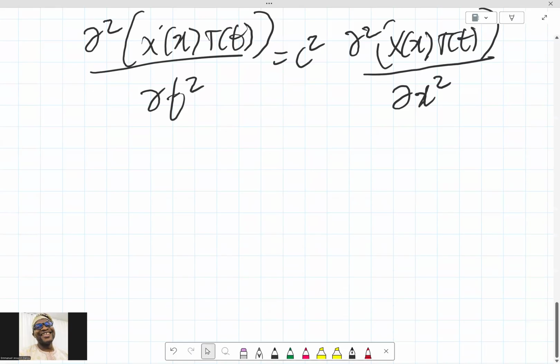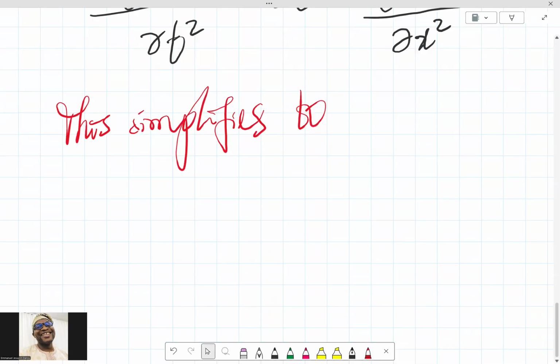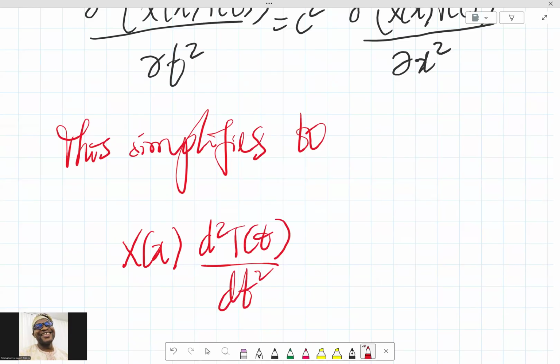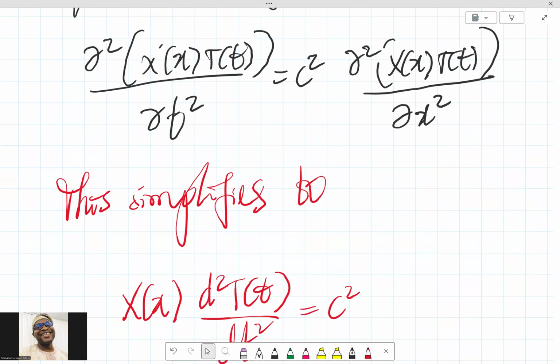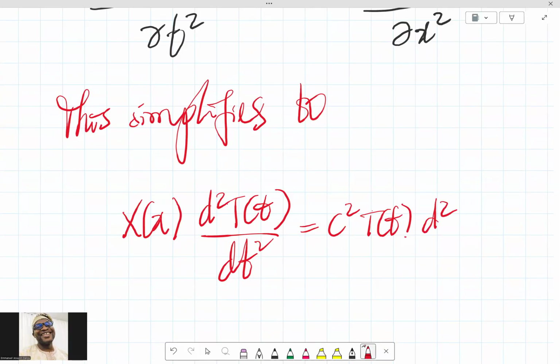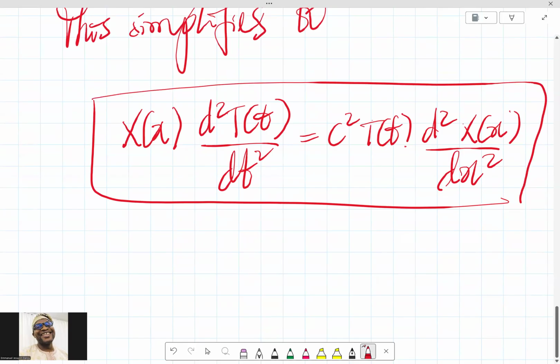That's what the equation gives. This simplifies to: here the focus is on t, so X of x is constant and we have the second derivative of T of t, equals c squared; and here the focus is on x, so we have T of t times the second derivative of X of x, when we differentiate.